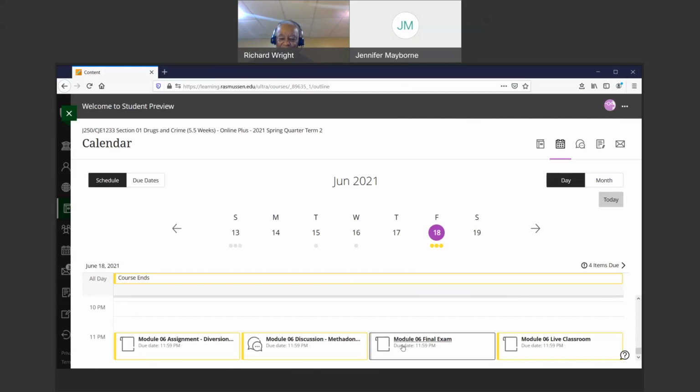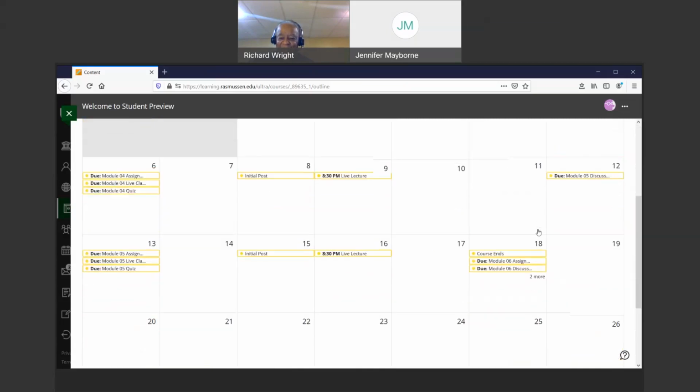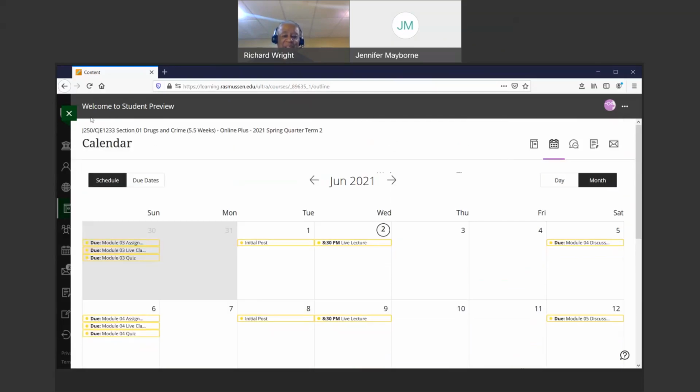Then your live lecture phrase. All of those are due at that particular time. That's why when you look at the month view and you see the 18th, it says 2 more. I showed you what those 2 more were. The exam is one of them. So no confusion about when the course ends. Everybody should be on board about when that happens.